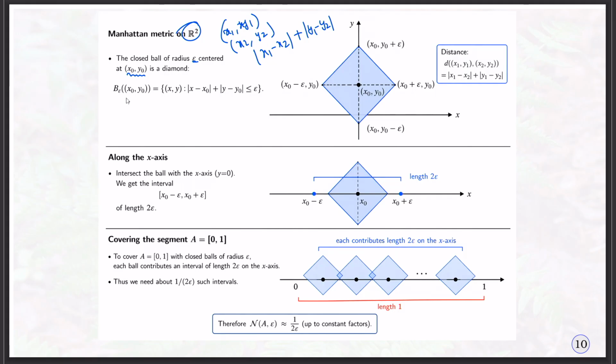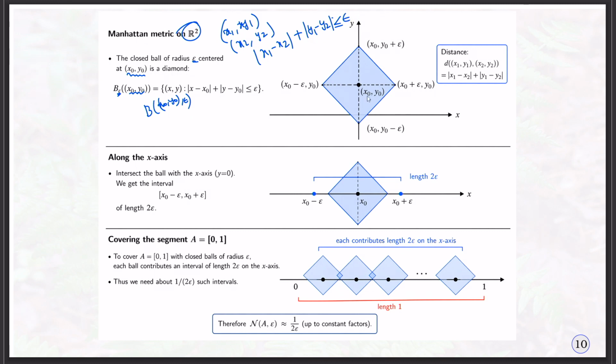The ball of radius epsilon centered at (x naught, y naught) is defined as the set of all points (x, y) such that this distance must be less than or equal to epsilon.